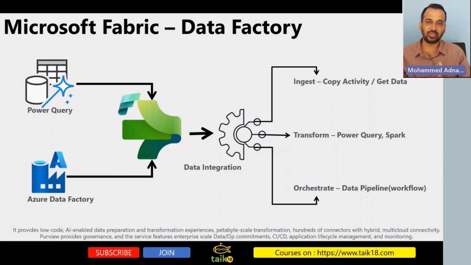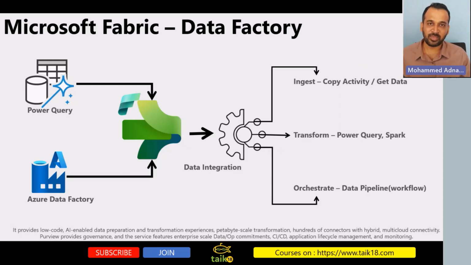So what does that actually mean? Ingesting the data is nothing but using the options in Data Factory, either Copy activity, or we can use Dataflow Gen2 so that we can get the data in Power Query and do whatever transformation we need, as well as make use of Spark.